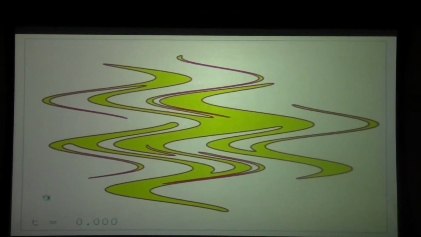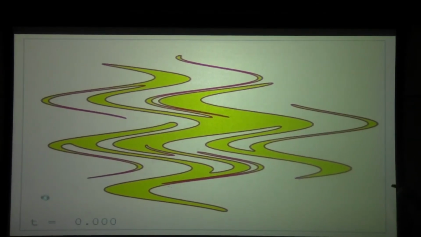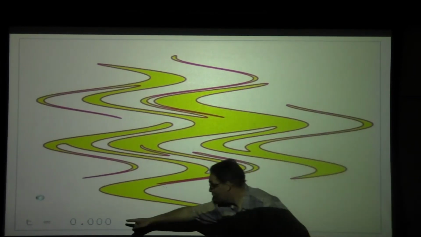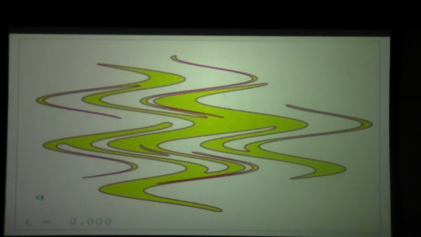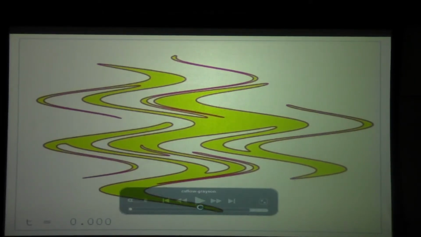Since the area is decreasing at a rate 2 pi, this thing should become singular in time one half. Down here we have the time, so at time 0.5 the thing has to vanish. Before that happens, according to Grayson, this thing has to become a convex curve.